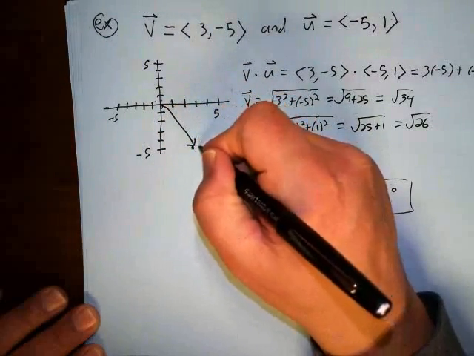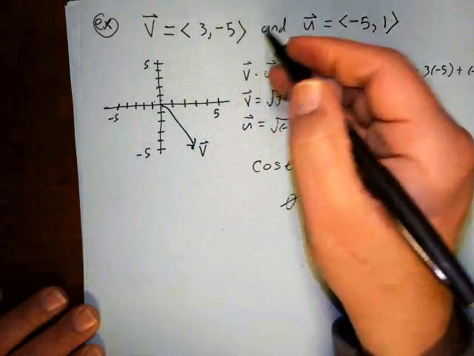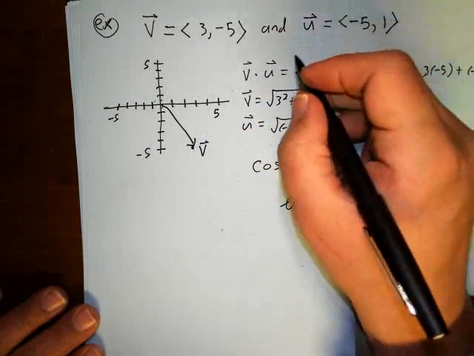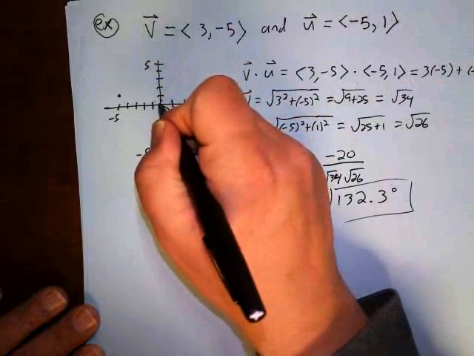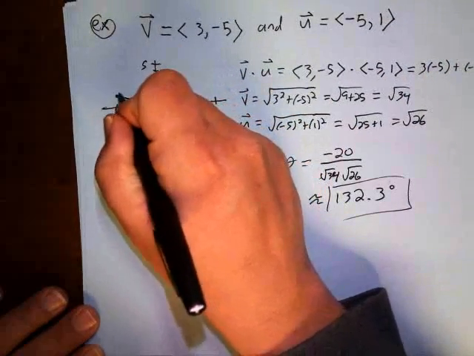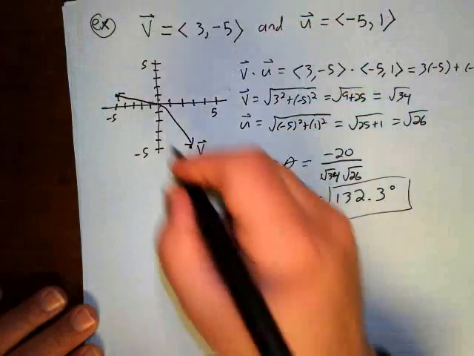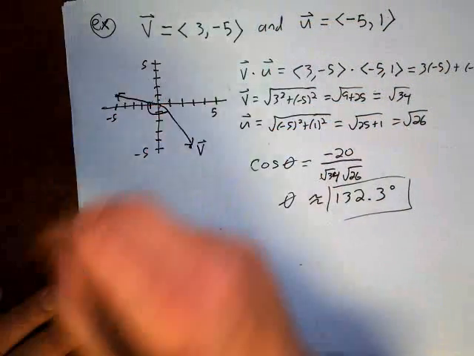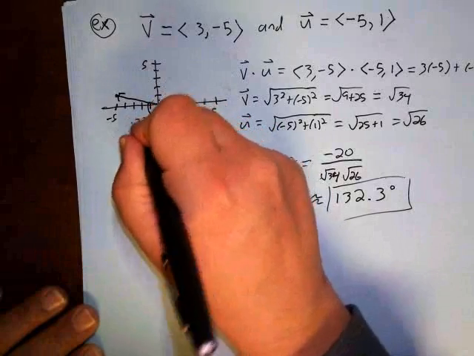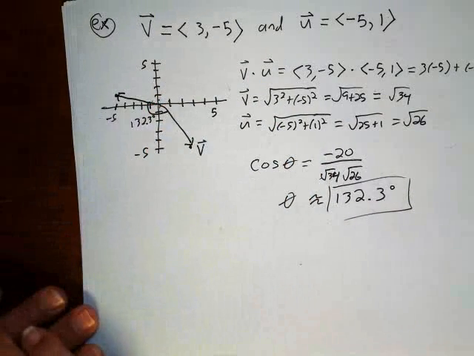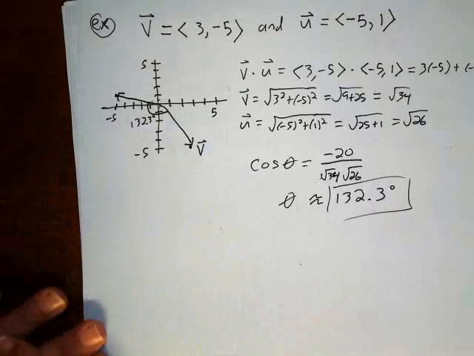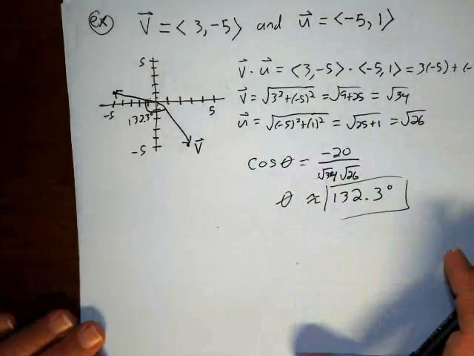And so that is V. And then U would be negative 5, 1, which would be way up here. And then this would be the angle there, 132.3 degrees. And that is, again, believable. Okay, so really cool stuff. This is really neat stuff.